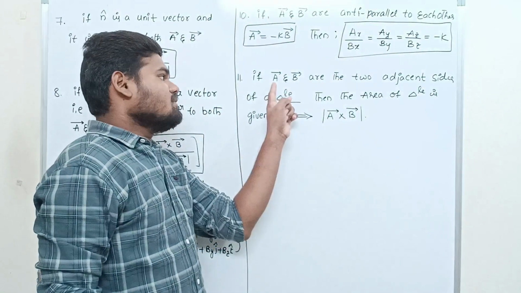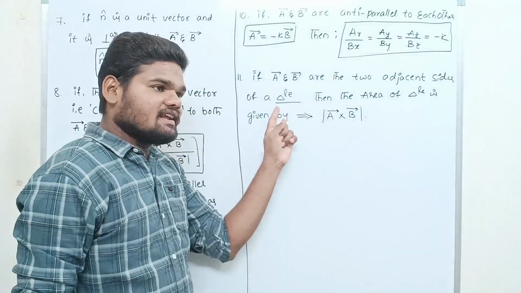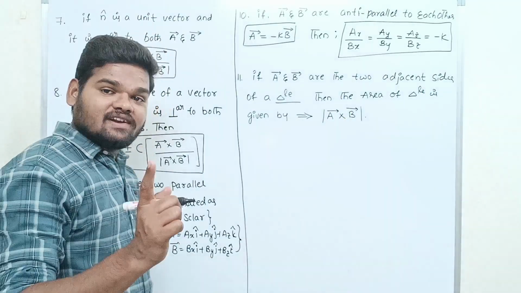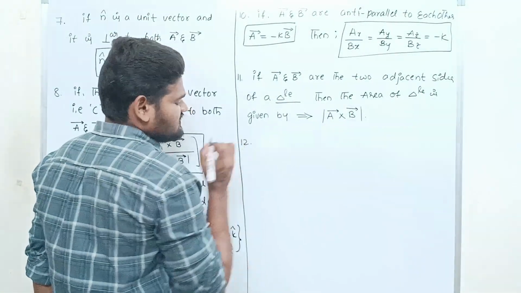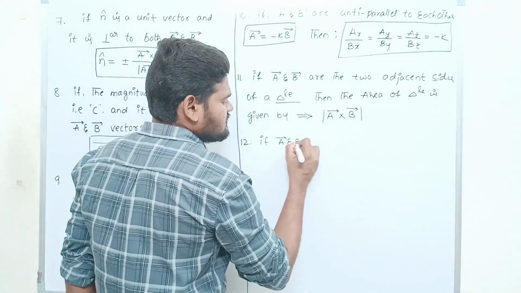So if A bar and B bar are two vectors and they are taken as the adjacent sides of a triangle, then the area of the triangle is given by magnitude of A bar cross B bar. Are you getting? Okay.